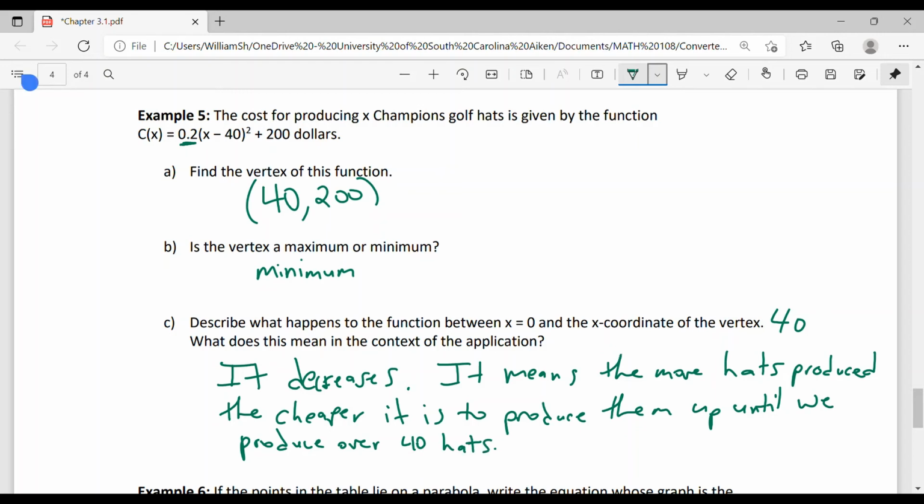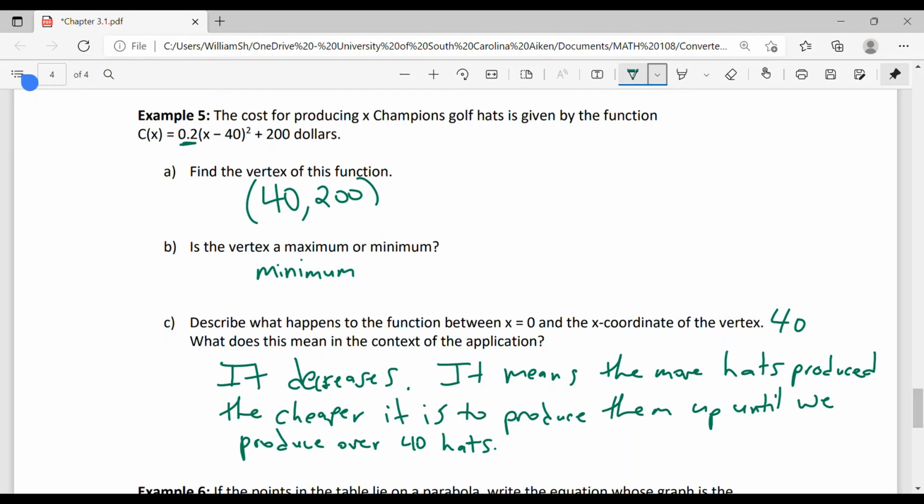Essentially, our cost of production goes down from 0 to 40 hats. But after 40 hats, it starts rising again, guys. You can graph this on your TI calculator and double check me. After we reach those 40 hats, the cost of production actually starts to increase a little bit.